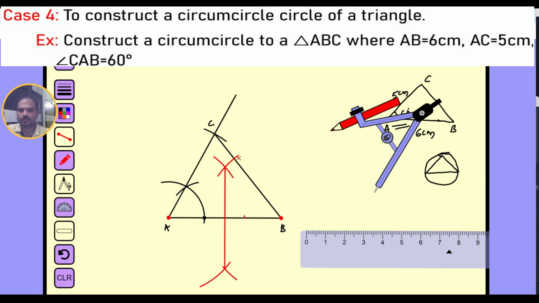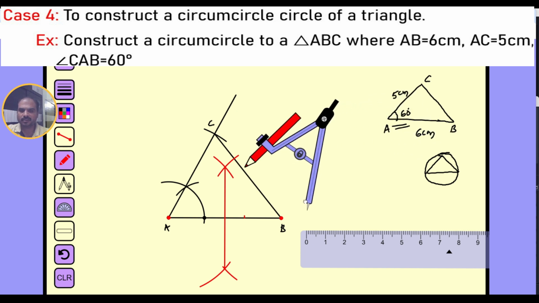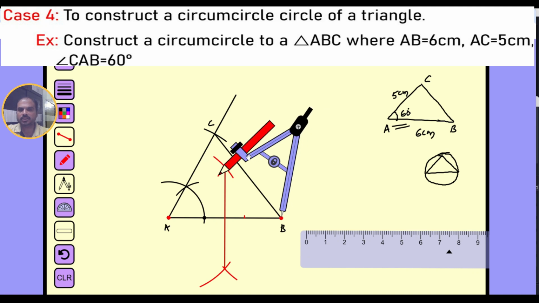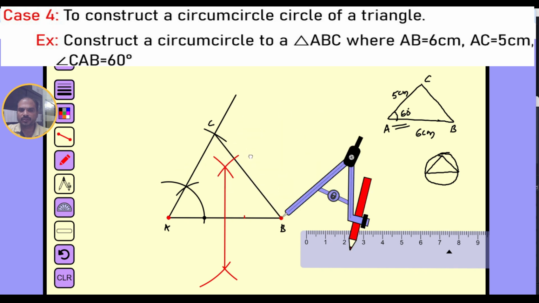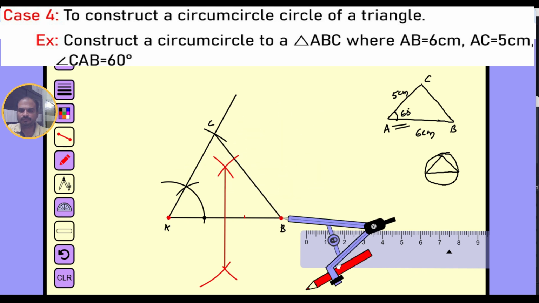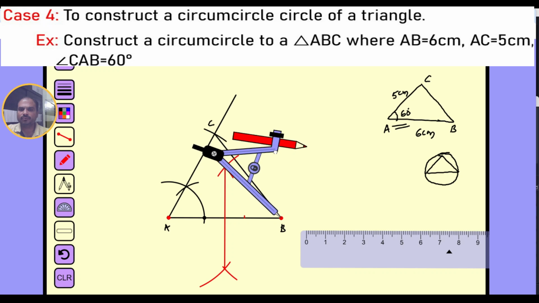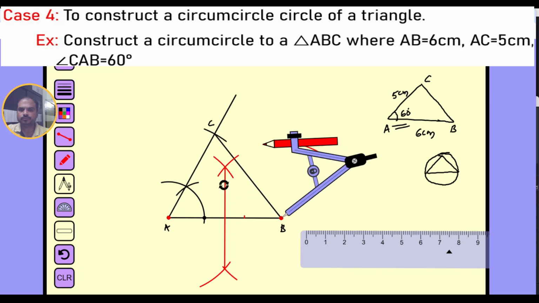Now I'll draw the perpendicular bisector of any of the other sides. I will draw the perpendicular bisector of BC. Same method to be followed, children. Again, take more than half, then draw one arc up, one arc down.